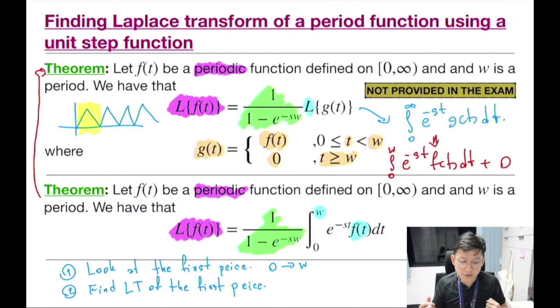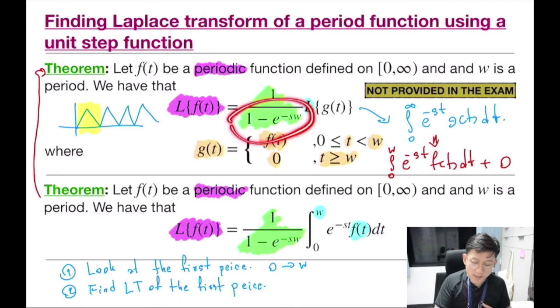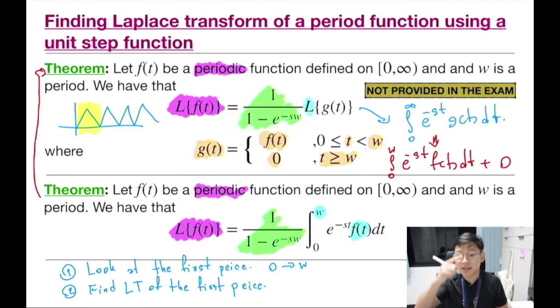Then the Laplace transform of the periodic function f is 1 over 1 minus e to the minus hw, and then you find the Laplace transform of g. That is a lot easier. Okay, that's a lot easier.